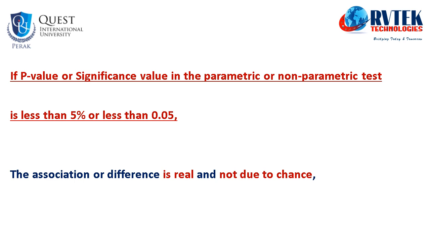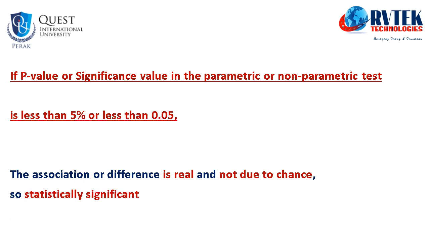If the p-value is very low, it is not due to chance. A p-value below 5% or less than 0.05 is the cutoff for not due to chance. Or we can say if the p-value is less than 0.05, the association or difference is real. In other terms, the association or difference is statistically significant and not due to chance.